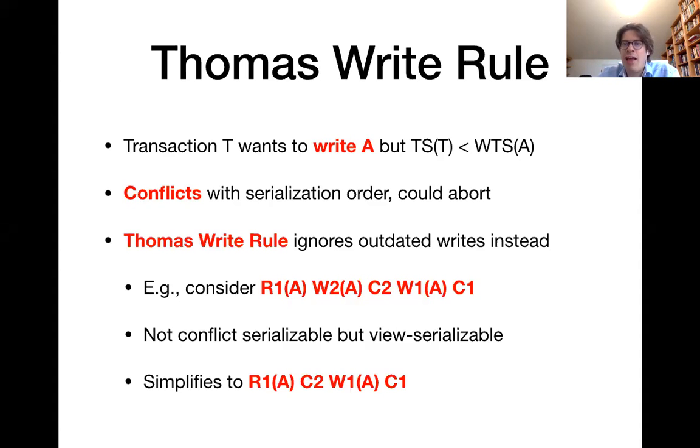And those two schedules are view equivalent. And the Thomas write rule essentially allows us to capture such cases to avoid aborts and restarts in cases where writes don't really matter. So that is an optimization to the simple handling strategy that we have discussed before.